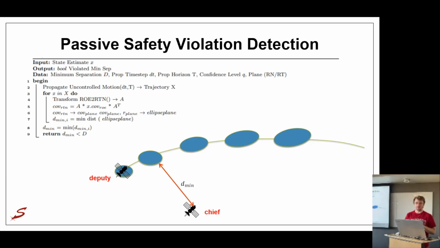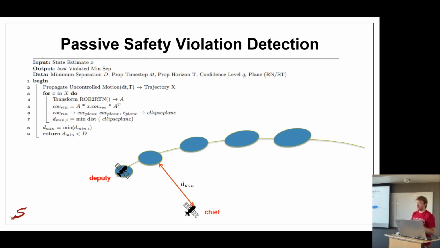The way this is done is, at the instance of receiving state updates of the relative state between the spacecraft, the deputy and chief absolute states are propagated with Gauss variational equations over some horizon, and then the covariances of the relative state are propagated linearly using linear state transitions.